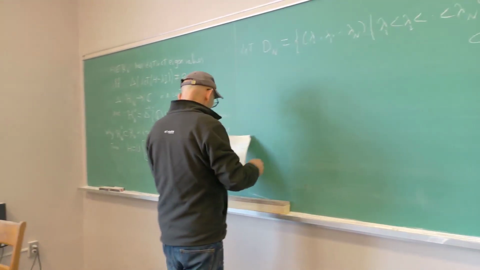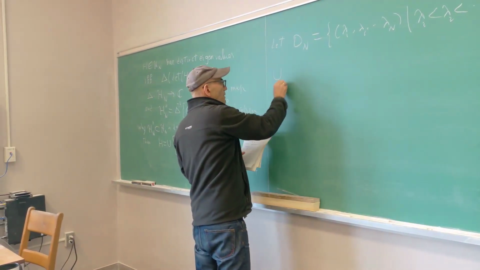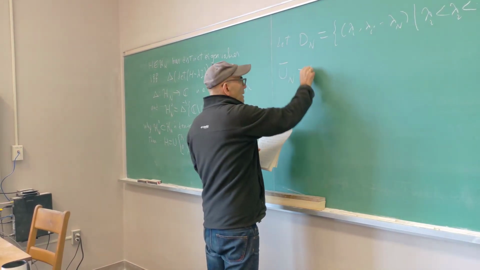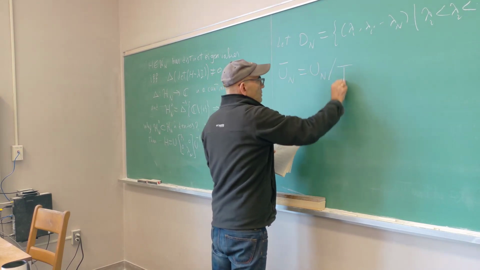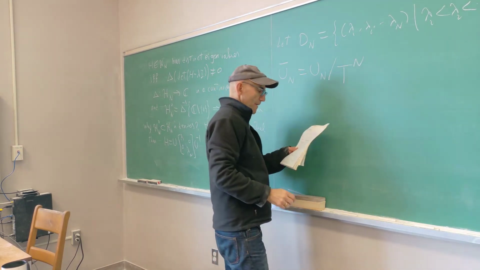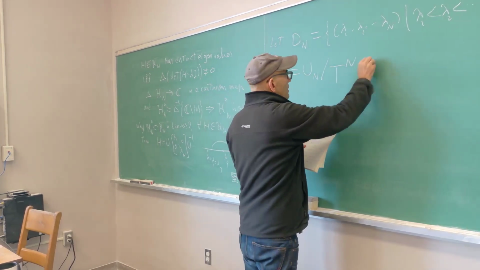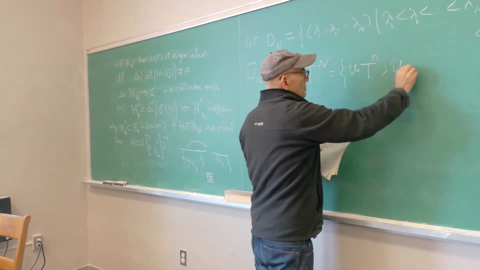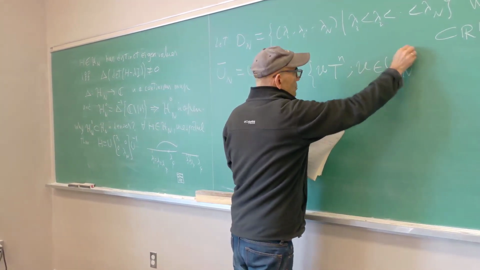Okay, now let U_n tilde or U_n bar equal U_n mod out T_n. This is the set of all u T_n, u belonging to U_n.